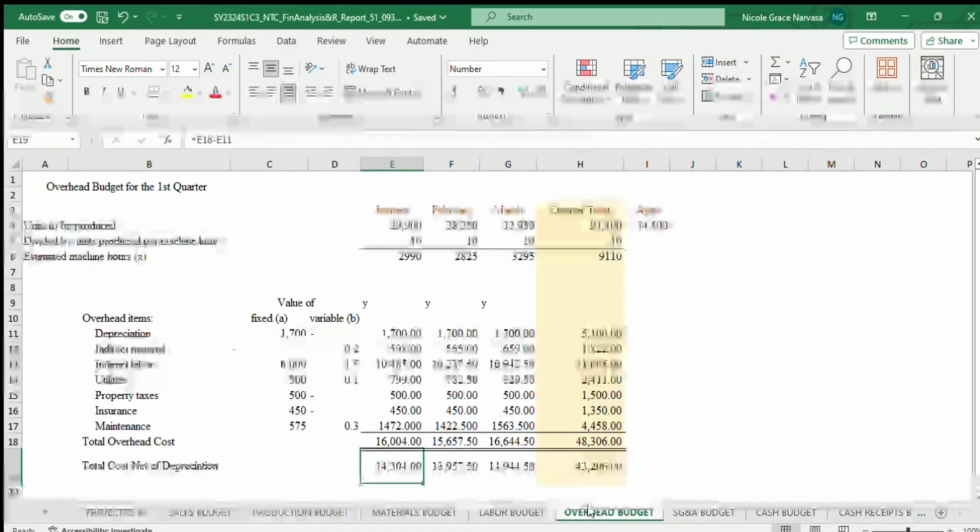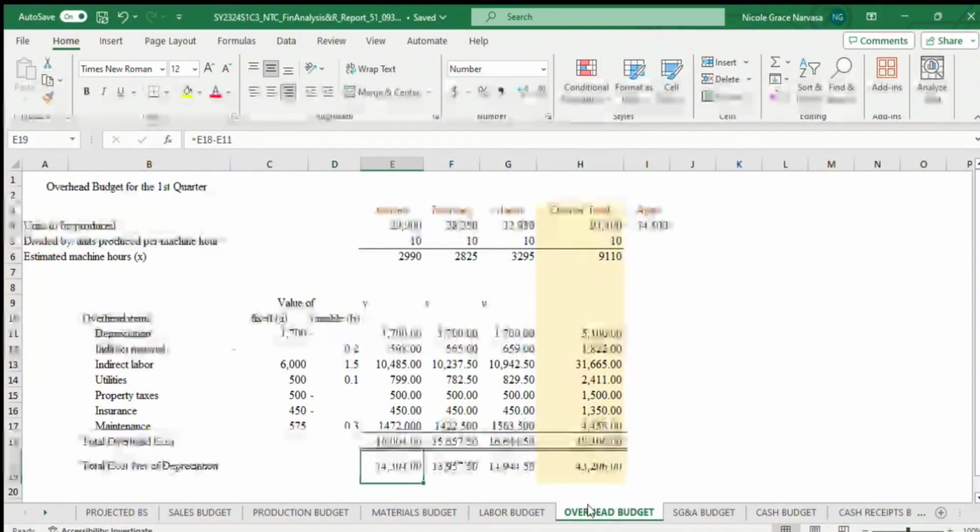To compute this one, we still need the units to be produced from the production budget. That's why we really need to get the production budget right, because if you computed that specific budget incorrectly, then the other budgets will not be computed correctly also.